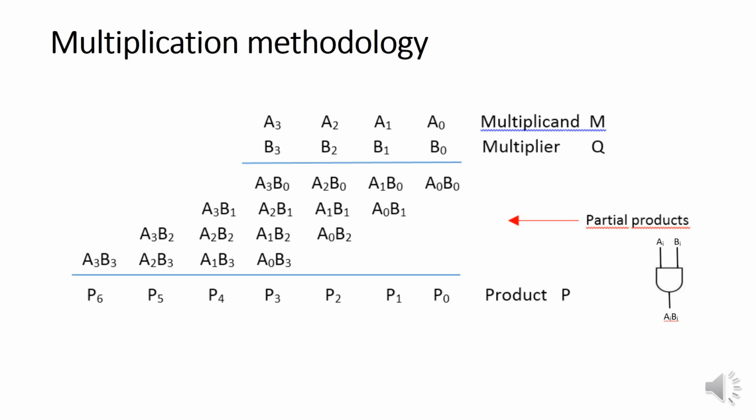That is why this method is also known as the basic binary multiplication. These are the partial products. Observe how every new row of partial products is shifted one place according to the position of the multiplier digit.